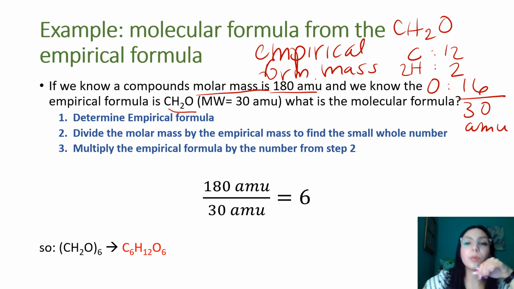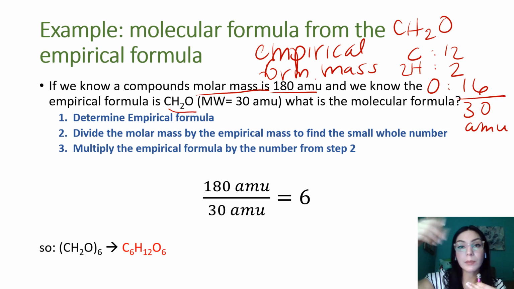And then it asks, what is the molecular formula? So first you determine the empirical formula. In this case, the problem already gave you the empirical formula. But if you don't have the empirical formula, you have to follow all those steps that we previously just did. And then you divide the molar mass. So they gave us the molar mass right here on top.